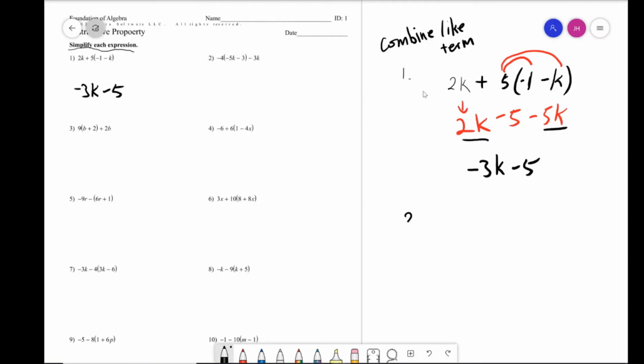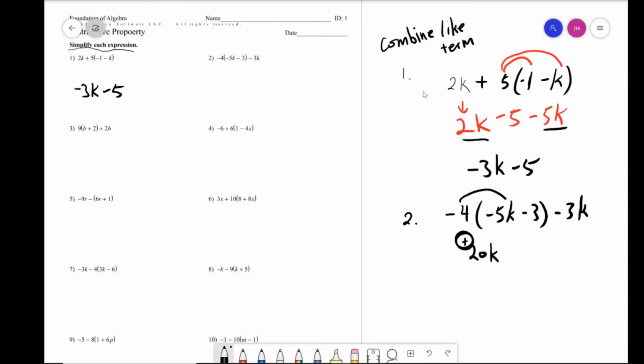Number 2. I have negative 4 parentheses negative 5k minus 3 minus 3k. Negative 4 times negative 5k, altogether you should have positive 20k. I usually don't put the positive here, but for the sake of clarity, I just want to let you guys know that it is a positive 20k because of negative 4 times negative 5k.